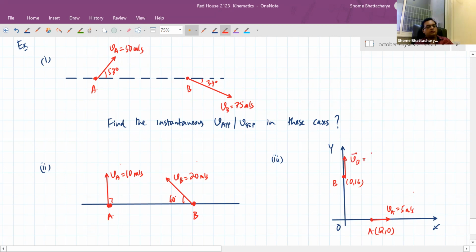This has a velocity of, again, 5 j cap in meters per second. A has a velocity of 5 i cap in meters per second. So in each of these, you have to tell me first of all whether they have separation or approach, and how much is that separation or approach velocity.